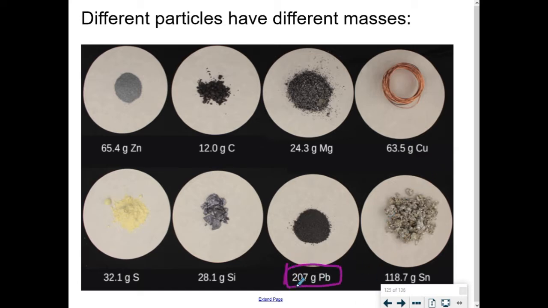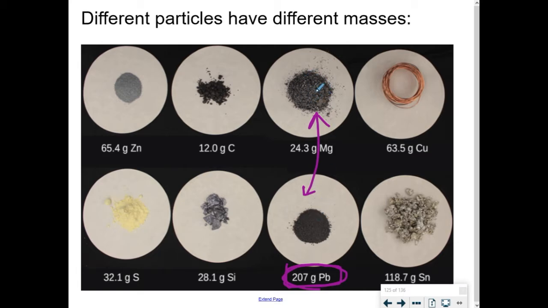Lead, for example, right down here. Lead is one of the heaviest substances we have on Earth. Look at this little bitty bit of lead here. It may not seem like that, but that weighs 200 grams. Look at this magnesium right above it. If you were to just look at it, I would say it almost looks like there's more of the top one than the bottom one, doesn't it?